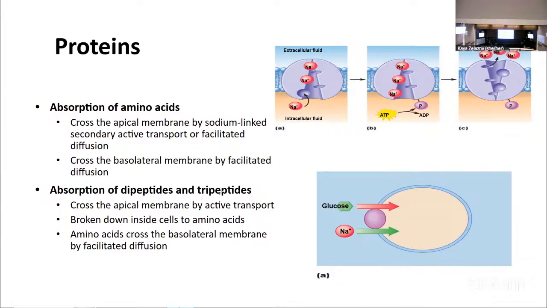So dipeptides and tripeptides, depending on which ones they are, we're going to have specific transporters or carrier proteins for those specific di and tripeptides, right? And they're going to be able to actively transport those peptide fragments, right?